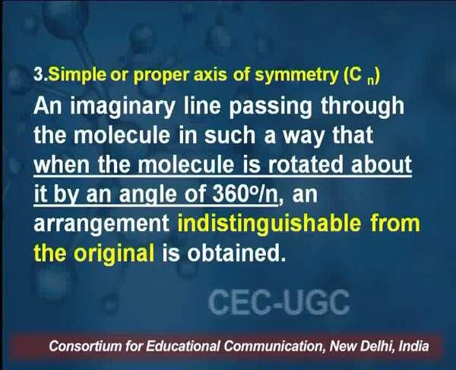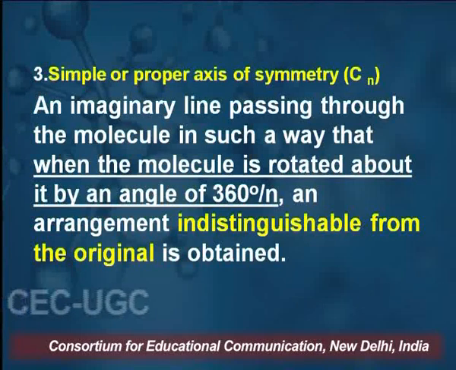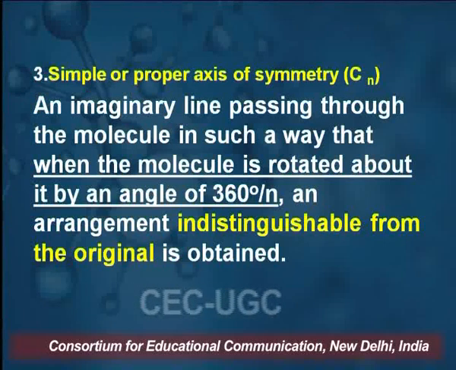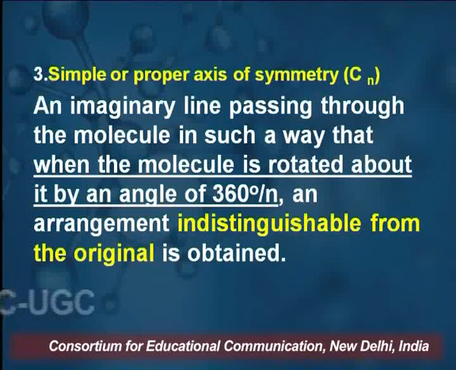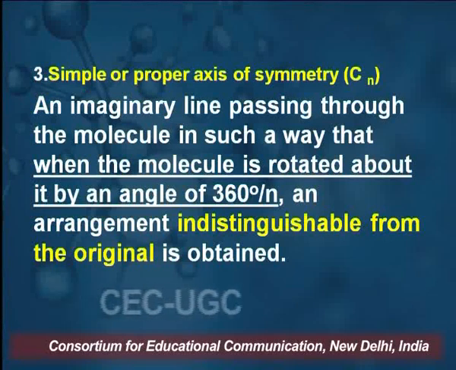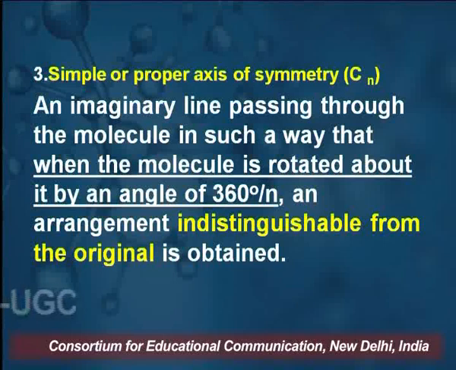If it is obtained 2 times, we say it has a 2-fold axis of symmetry. If it is repeated 3 times, the indistinguishable or equivalent structure, we will say the symmetry is 3-fold.